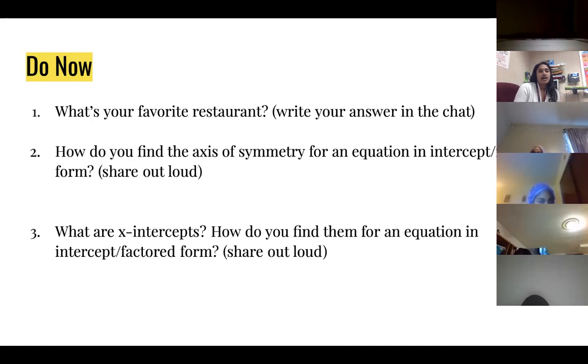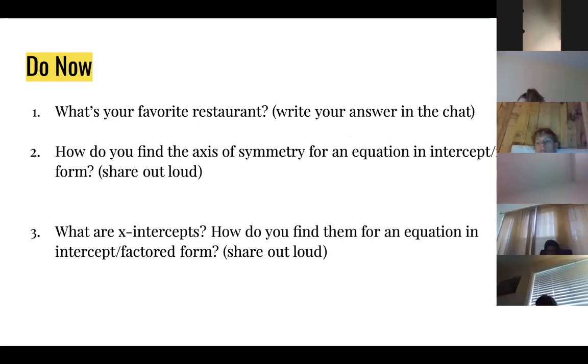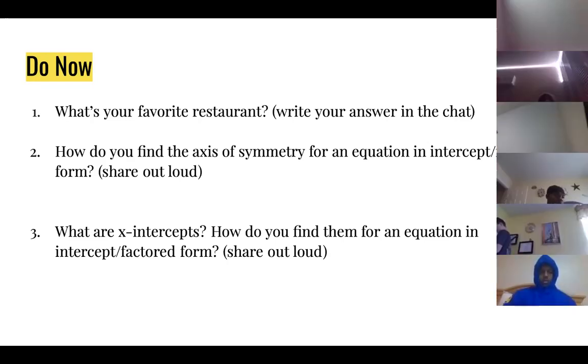All right. How do you find the axis of symmetry from an equation that's written in factored/intercept form? What do you have for me, Henry? Is it b minus a over 2?